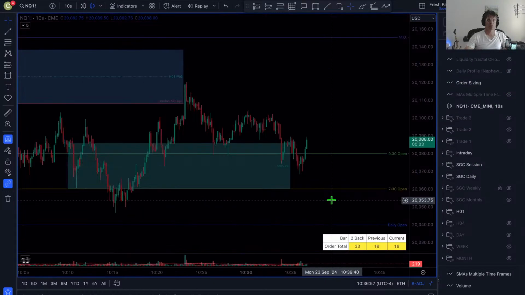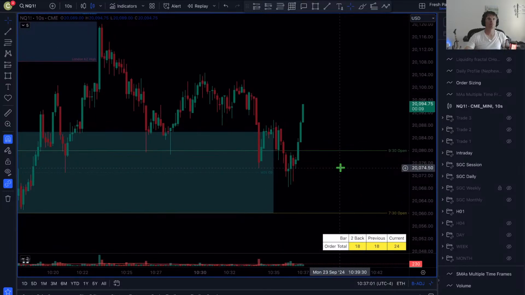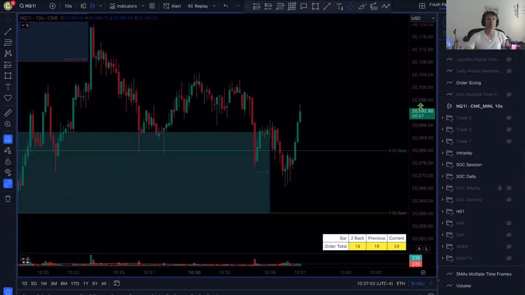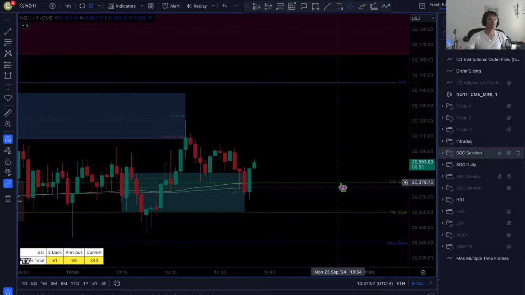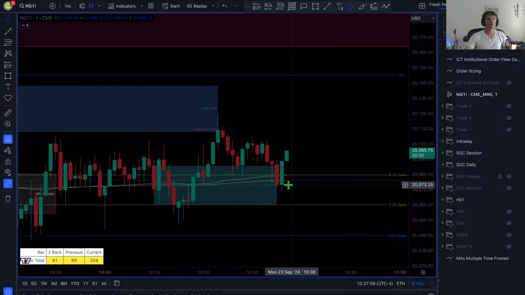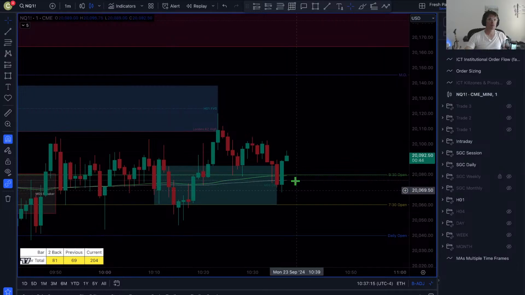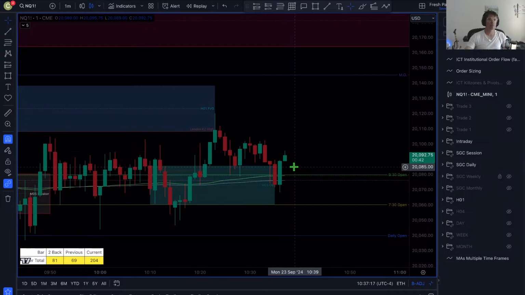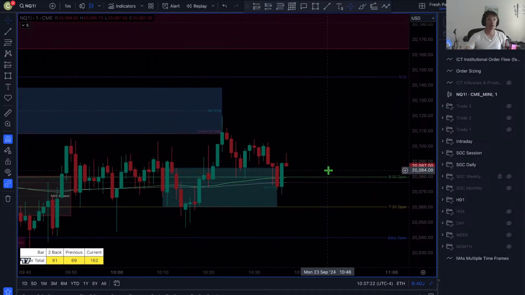Yeah, I mean, I think you're getting the sweep now. On the M1, you just got the reversal stuff. Liquidate back into there, I mean, to the upside. Back above the 930 open.